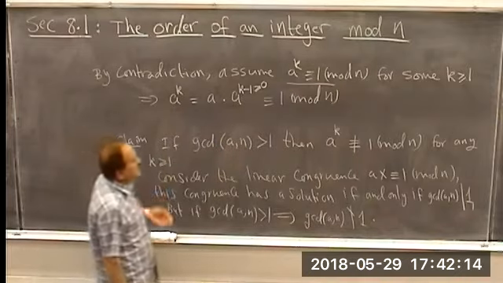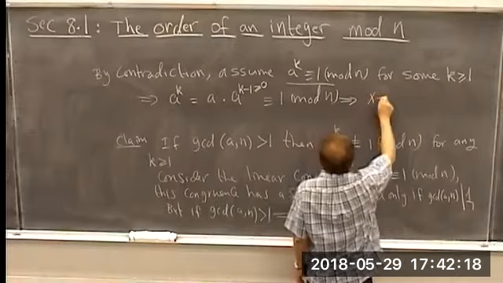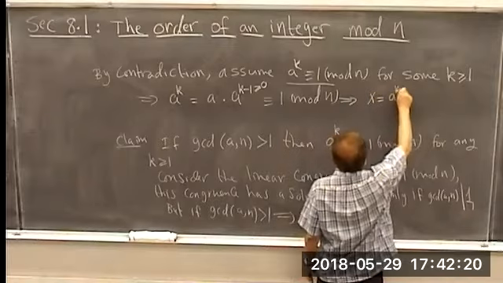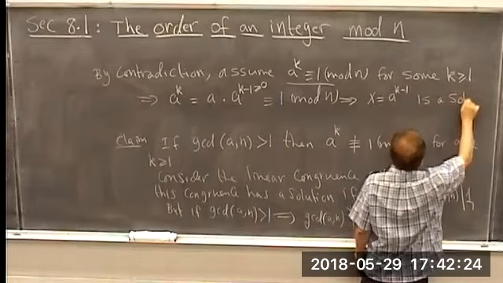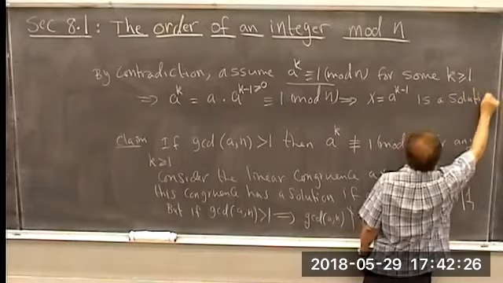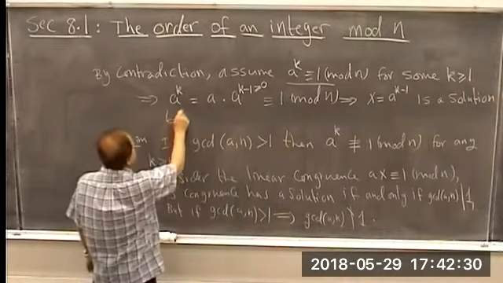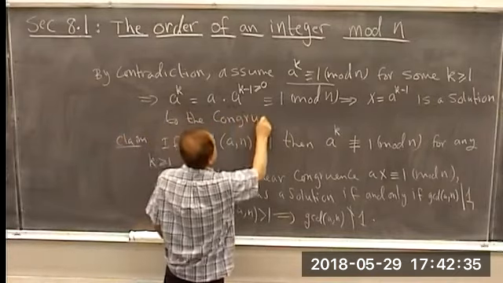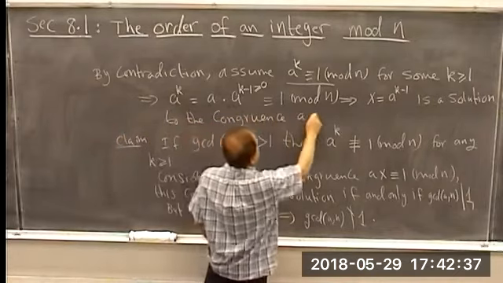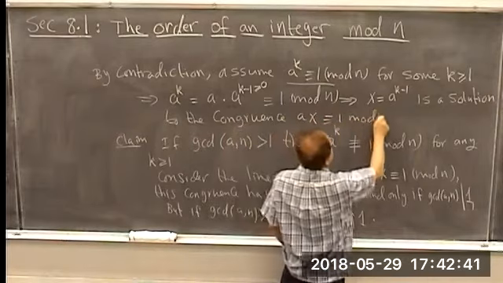This implies that x equal to a to the k minus 1 is a solution to the congruence ax congruent to 1 mod n.